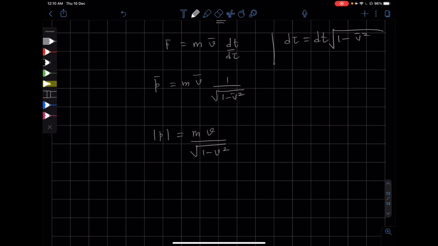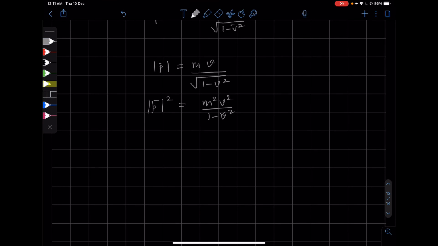So I'm taking the modulus of this equation. And then we can square this equation. If we square it, we get the three-dimensional momentum squared equal to m squared v squared divided by 1 minus v squared.